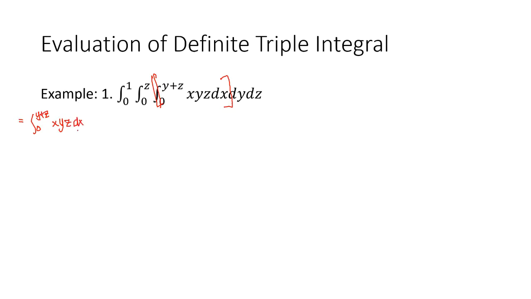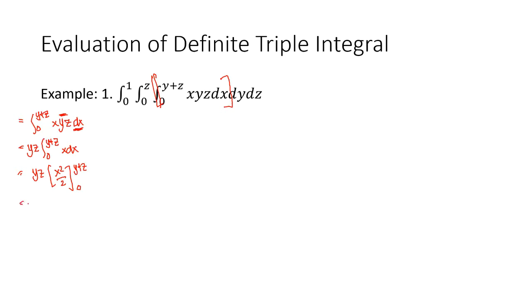And since we are integrating in terms of x, meaning to say y and z are constants. So since that is constant, you can put that out. Then what we have left here is yz times x dx. And as we know, the integral of x dx is just basically equivalent to x squared over 2, and we have the limits from 0 to y plus z.